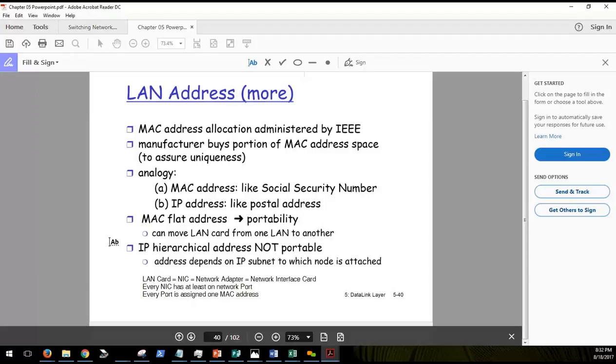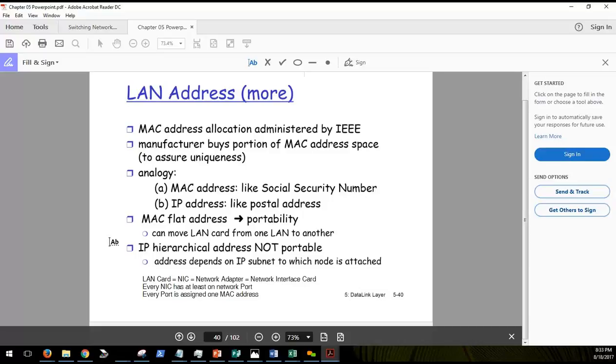Let me ask a question. If you install a wireless network card, is there going to be a network port? We use ports to connect Ethernet cables, physical cables. But in a wireless network, are we using cables?